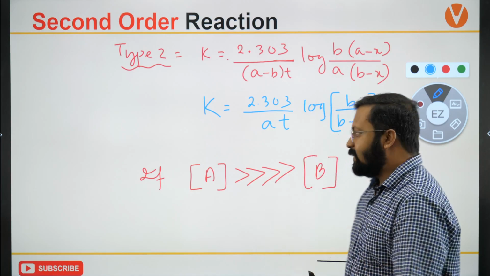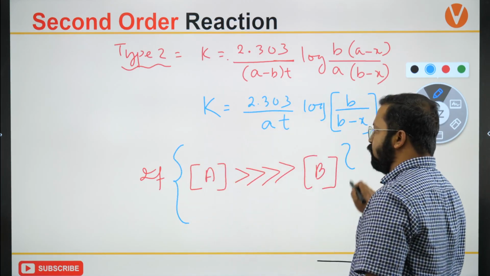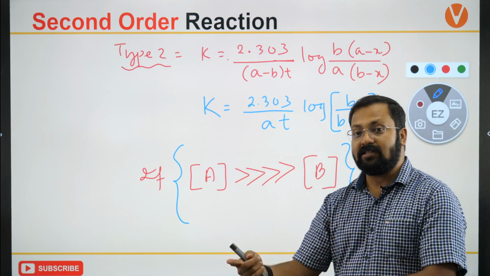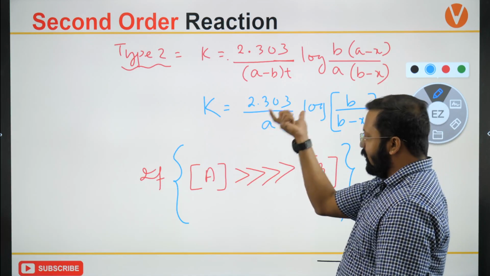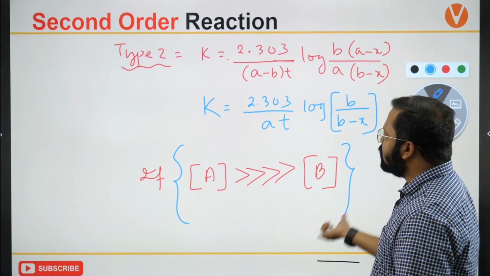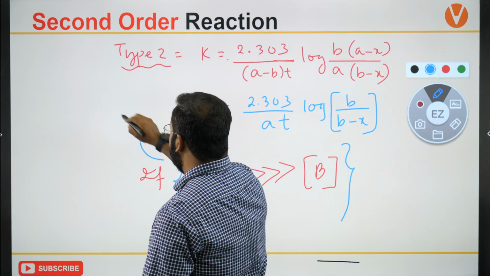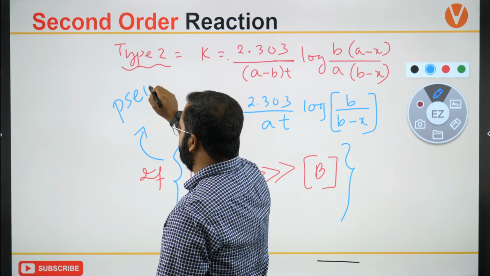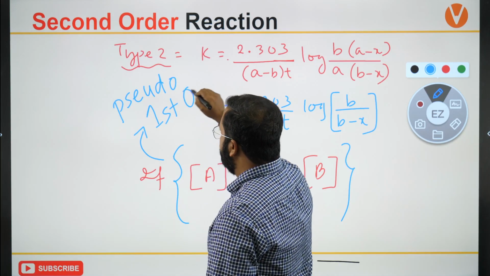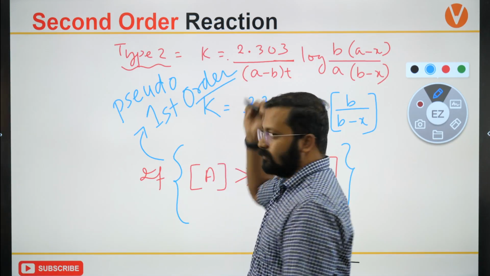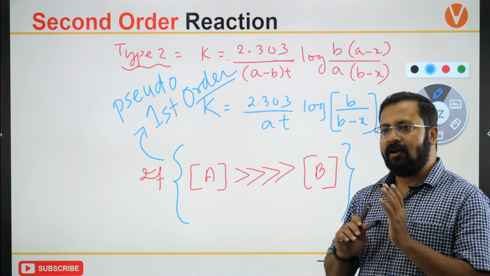No. But because of this scenario, because one of the reactants becomes very large as compared to the other reactant, the rate constant expression looks like a first order reaction. So this is pseudo first order. Okay, this is pseudo first order.